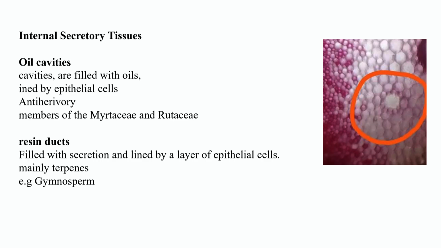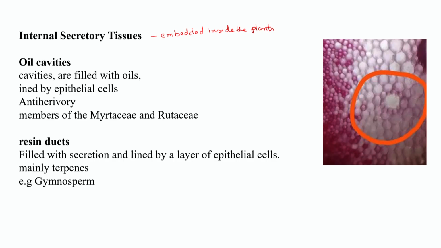Then coming to the internal secretory tissue. Now internal secretory tissue is embedded inside the plant, and you cannot observe them by visualizing from the outside, because they are present internally.